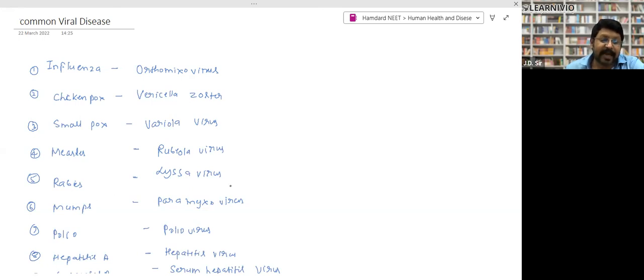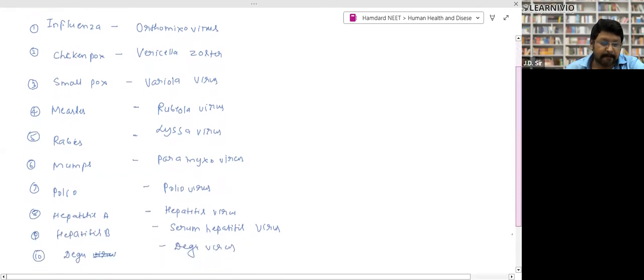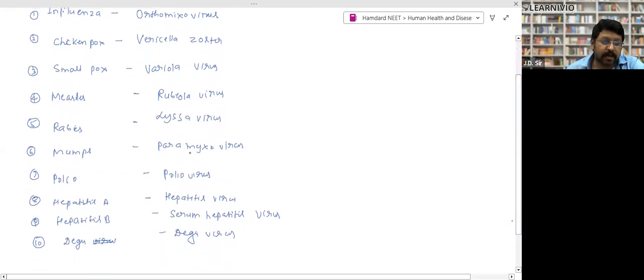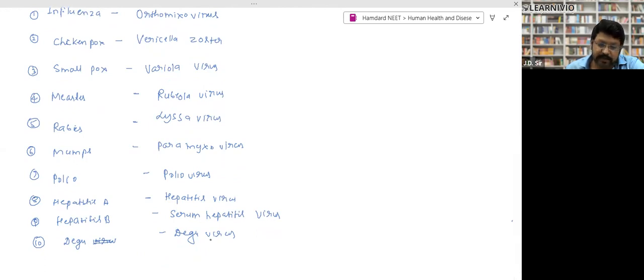Rabies, lyssavirus. Mumps, paramyxovirus. Polio, poliovirus. Hepatitis A, hepatitis A virus. Hepatitis B, serum hepatitis virus. And dengue, that is dengue virus. Clear?